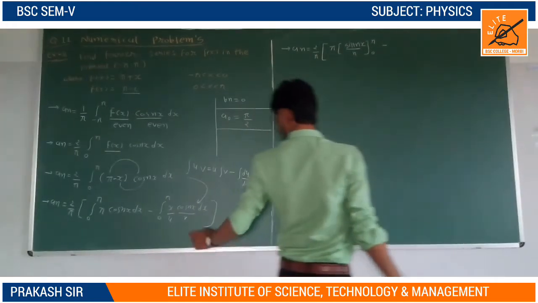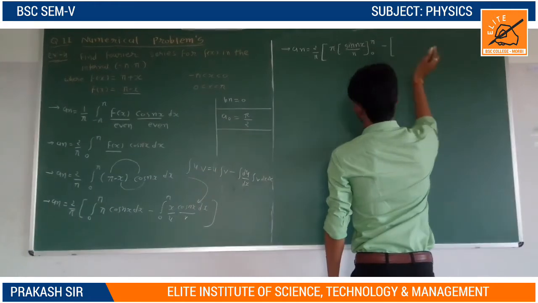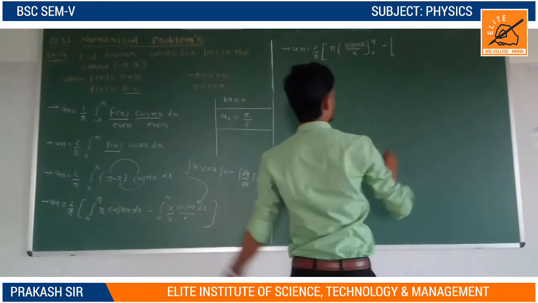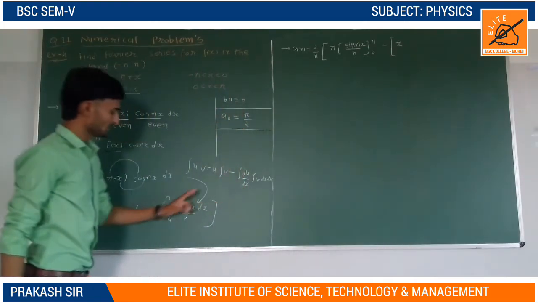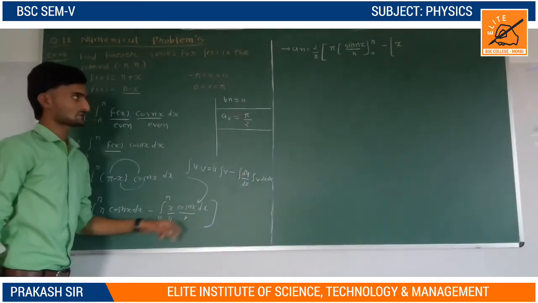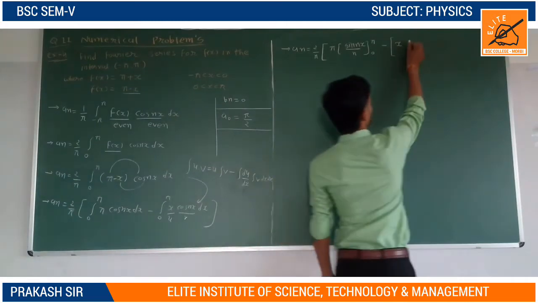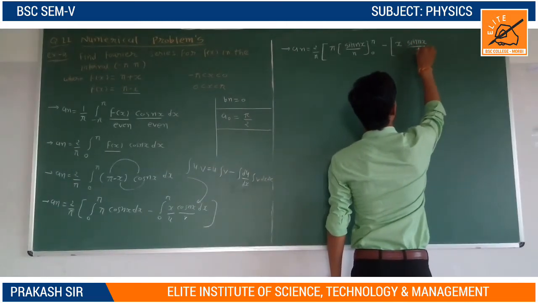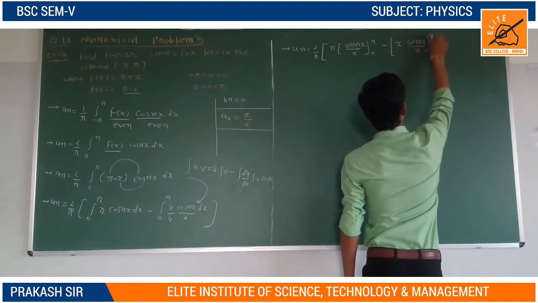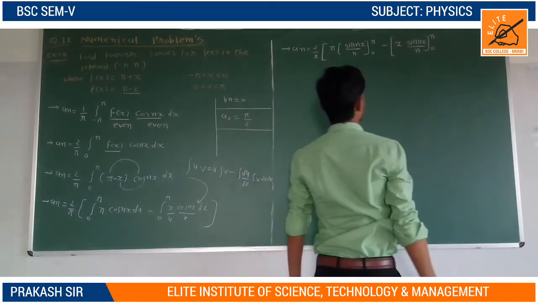So minus: the first term u is x, and v is cos nx, with the integration of cos nx being sin nx upon n, upper limit and lower limit.